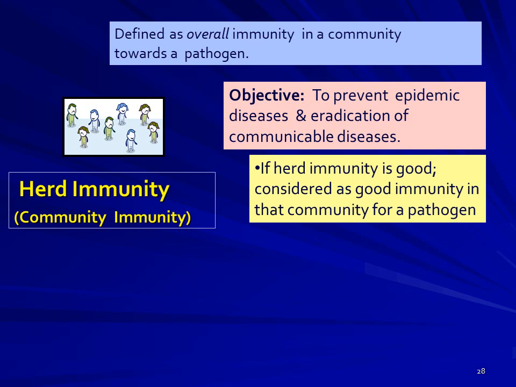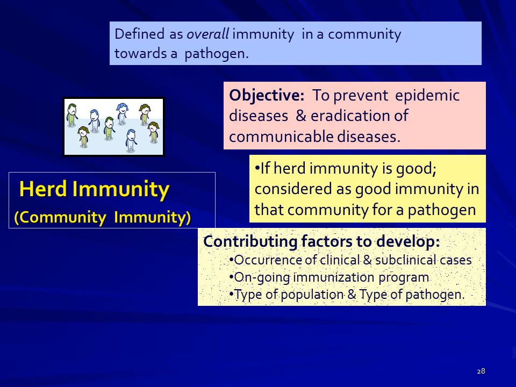So, for example, for the polio virus, the Government of India has introduced the pulse polio program. At the same time, all the children in the entire country are given vaccination. Because of this, the children in the community get herd immunity against that particular polio viral infection.